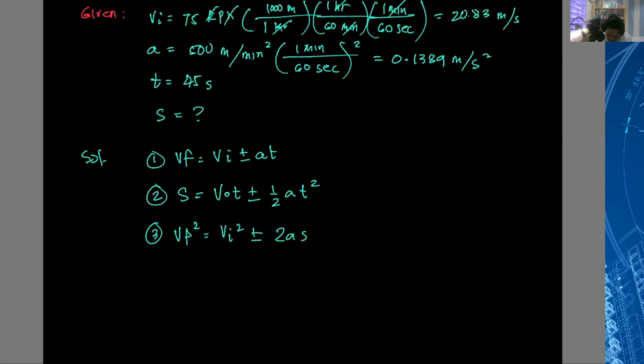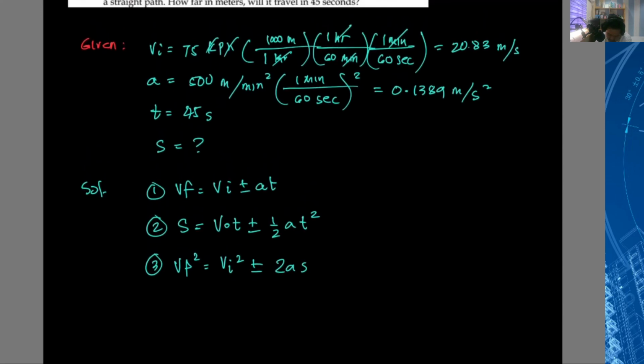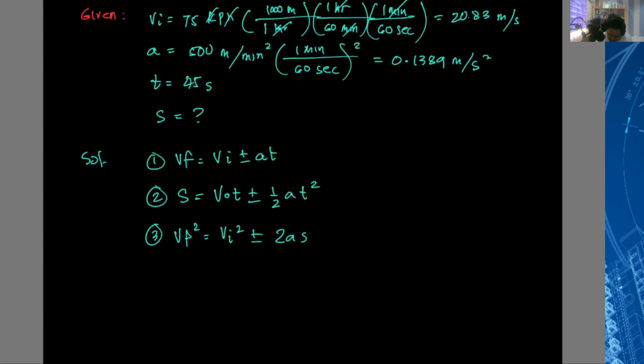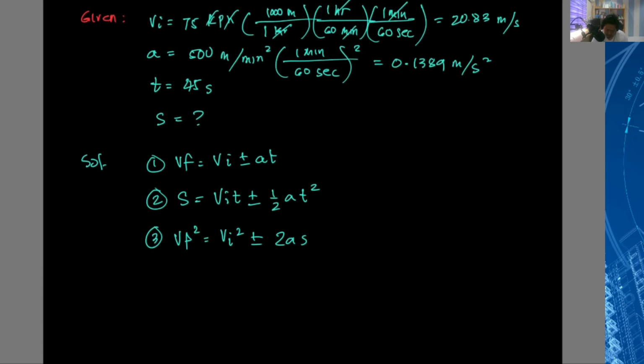We now have two formulas involving S: formula number 2 and formula number 3. By inspection, given time, we can use formula number 2, because in formula number 3 we don't have velocity final. So VIT plus or minus 1/2 AT squared. We will use formula number 2.